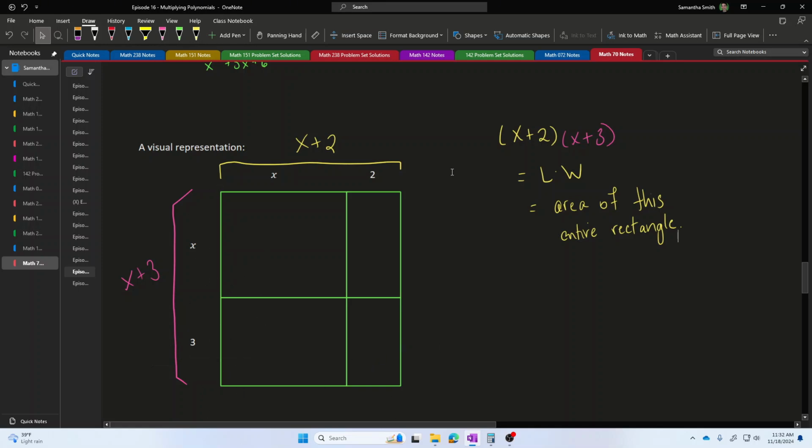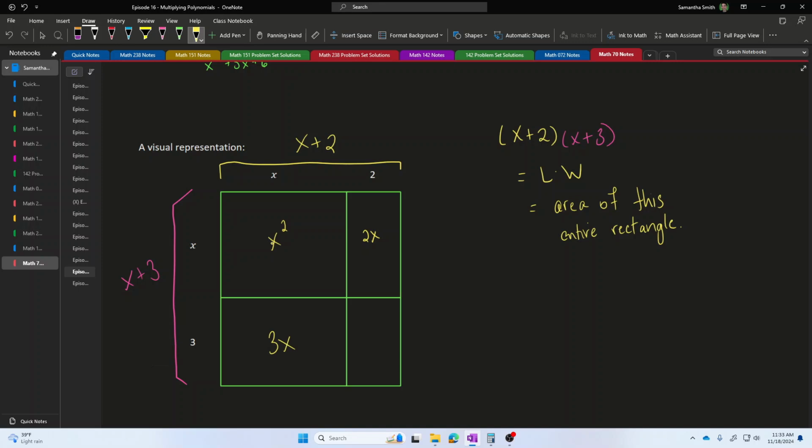If I split up the rectangle in this way, and I looked at the areas of each of the smaller rectangles that I formed, then x times x, length times width, would give me the area of this little piece in the upper left. 2 times x would give me the length times width, which is the area of this little piece in the upper right. 3 times x would be length times width, which would be the area of this little piece in the bottom left.